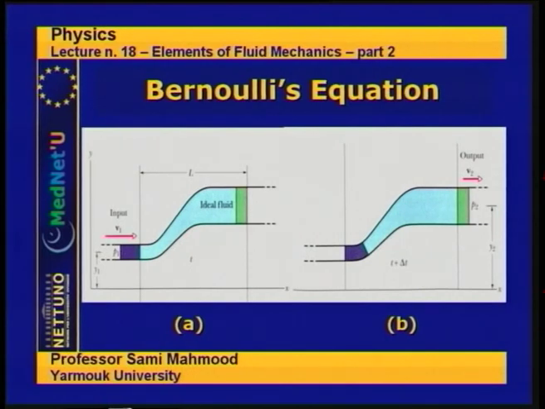So the net energy introduced in terms of work into the system is simply P1 delta V minus P2 delta V, because at P2 the fluid at Y2 does work on the surroundings.